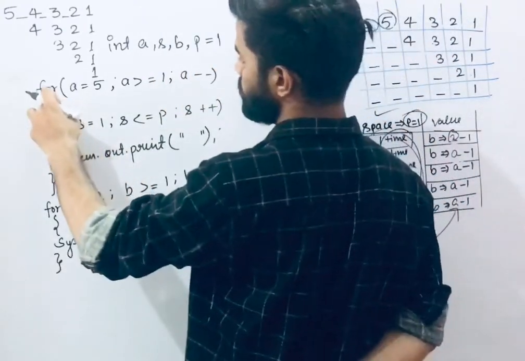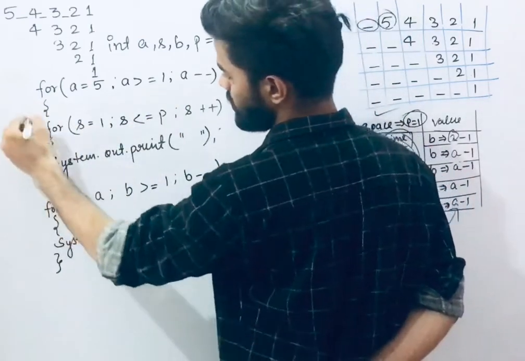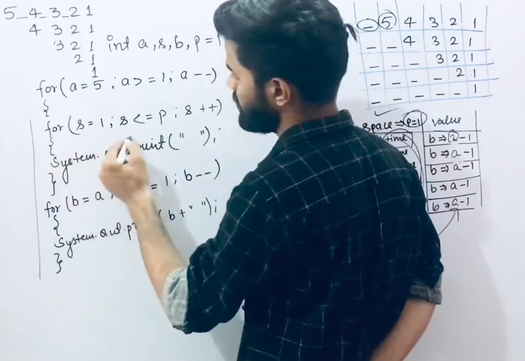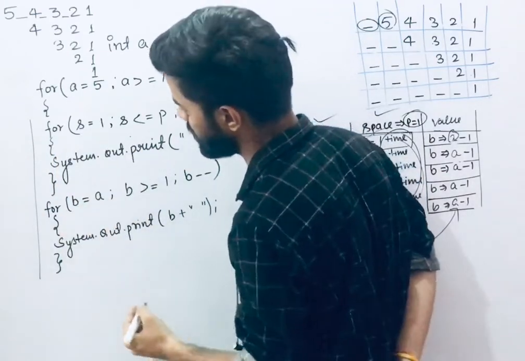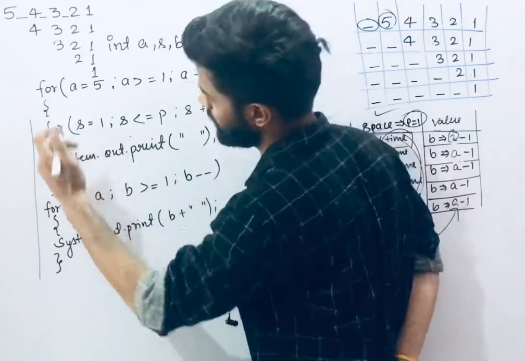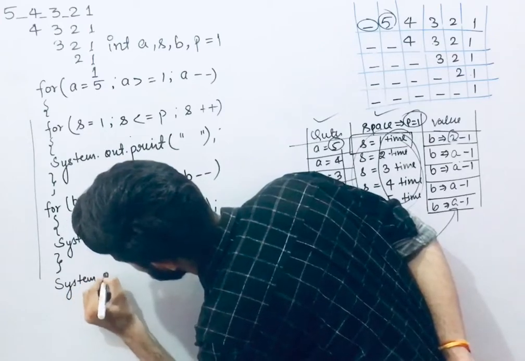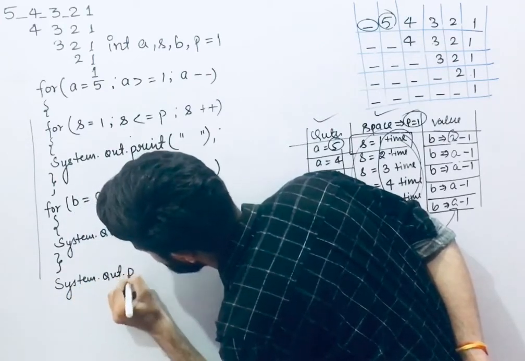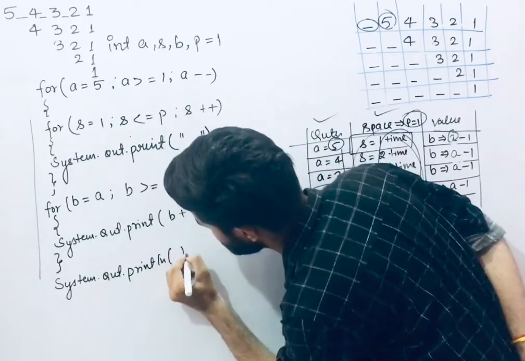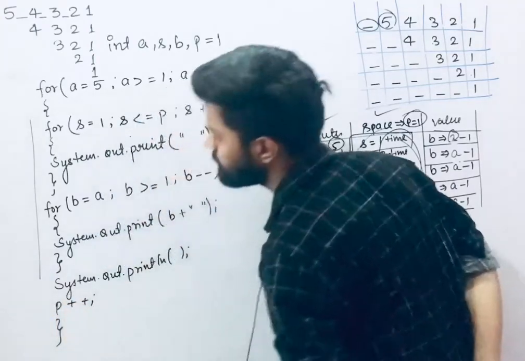Now the for loop with a equals 5 is our outer loop, and these loops run as inner loops, so spaces and values are printed. When the inner loop terminates, the outer loop does system dot out dot println just to change the line, and then p plus plus, and this will be closed.